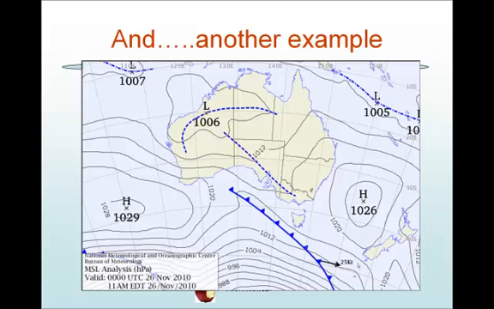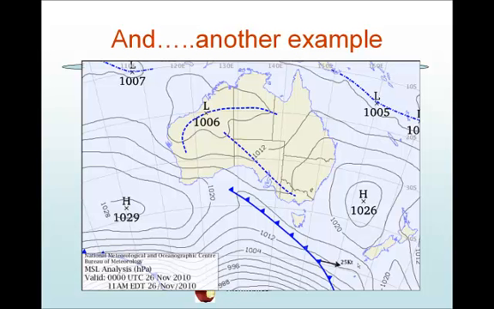Here's yet another example, and now this is taken from November. This is before the beginning of the wet season over northern Australia. Again, there's a trough in the South Pacific. There's a large high pressure system in the Tasman extending a ridge up the Queensland coast. There's a trough over southern Australia, and you can see that there are northeasterly winds to the east of that trough, and they're going to be dragging in warm, moist air from the Coral Sea across southern Australia.